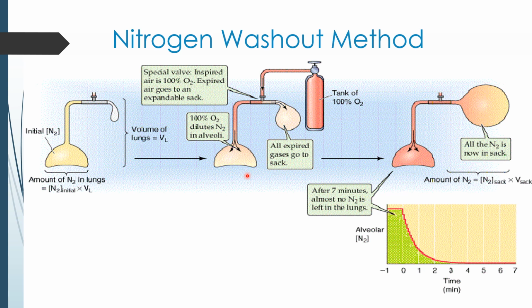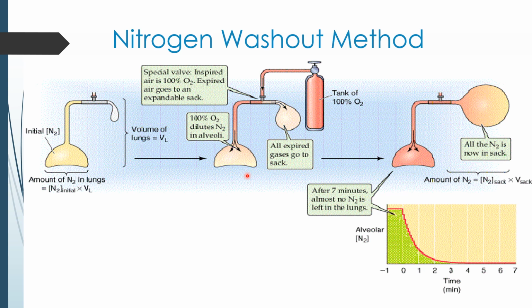Suppose the expired gas collected at the end of 5 minutes is 40 liters and its nitrogen concentration is only 5%, then the volume of nitrogen in the expired gas is around 2000 ml. The nitrogen content of the expired gas is solely from the subject's lungs, where it forms 80% of the gas present in the lung.